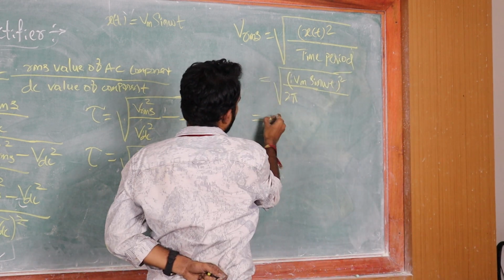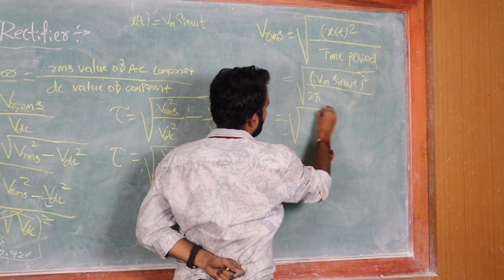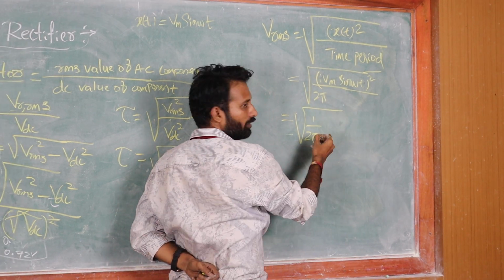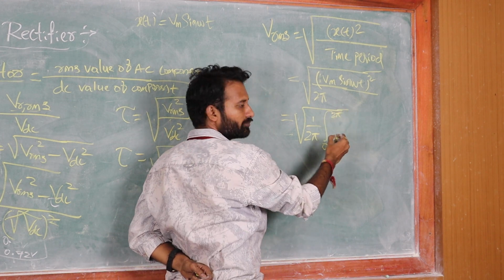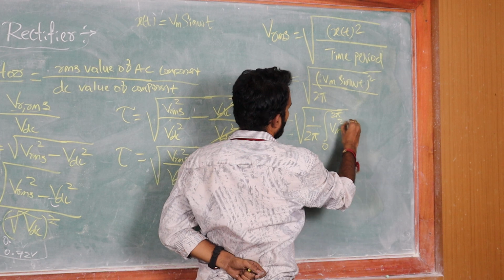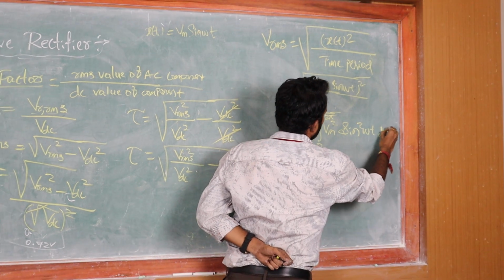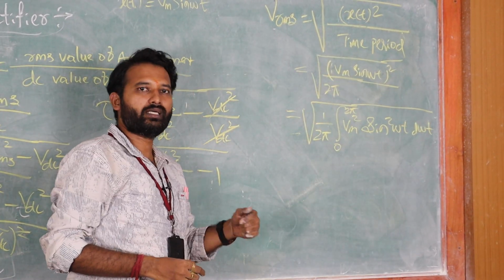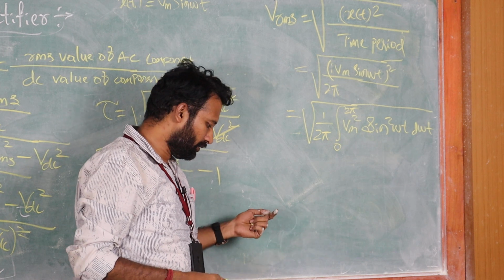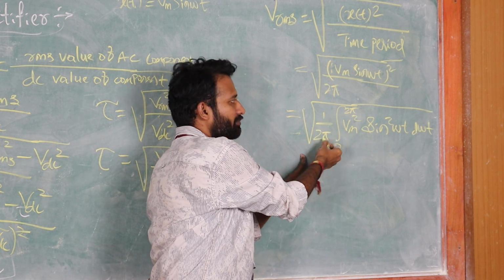So this I can write as the square root of 1 by 2 pi, integration from 0 to 2 pi of Vm square sin square omega t d omega t, where 0 to pi and pi to 2 pi is our total time period.